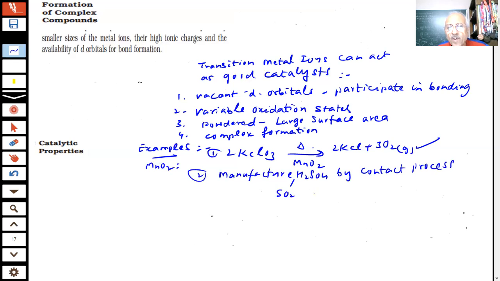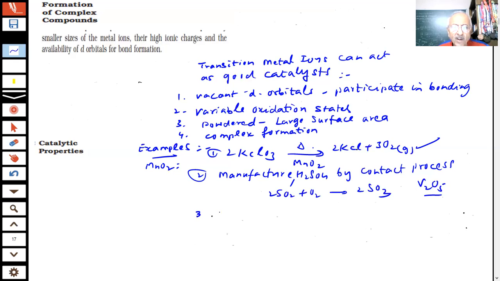SO2 plus O2, you are converting into SO3. Which is the catalyst used here? You have heard about V2O5. Vanadium pentoxide is the catalyst we use in this case.